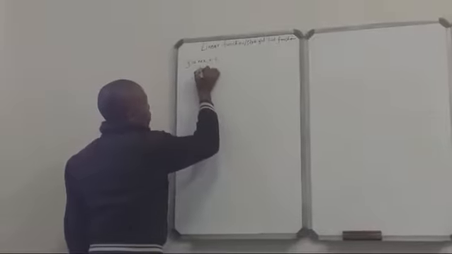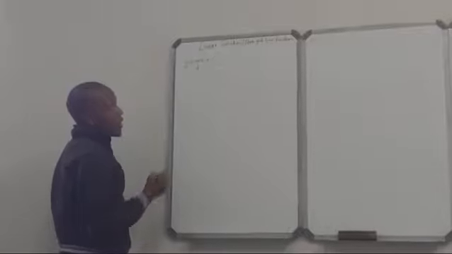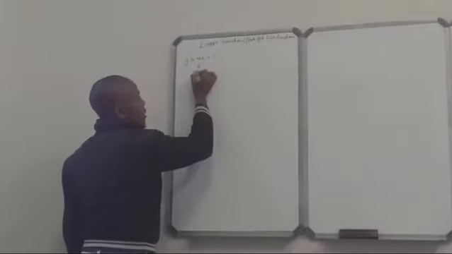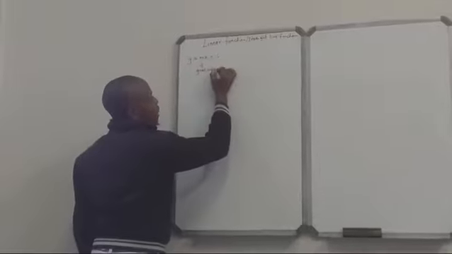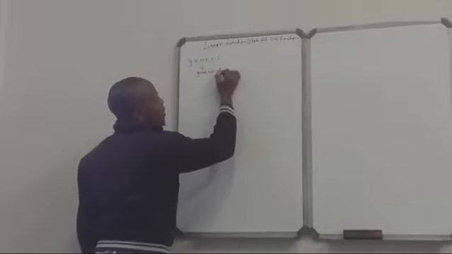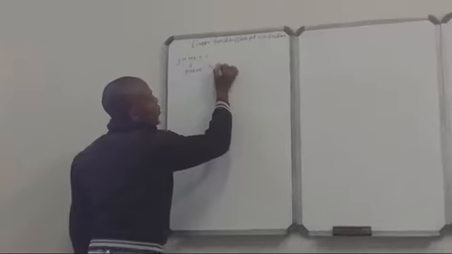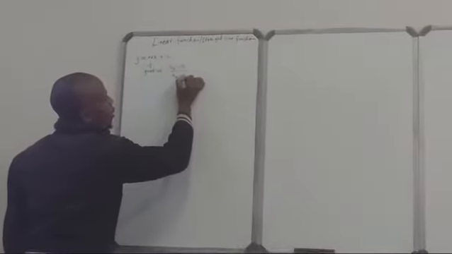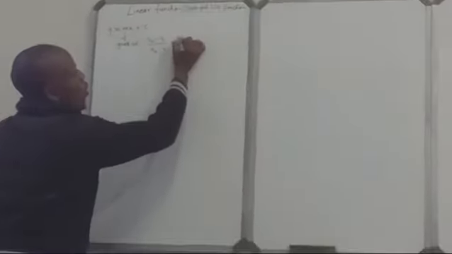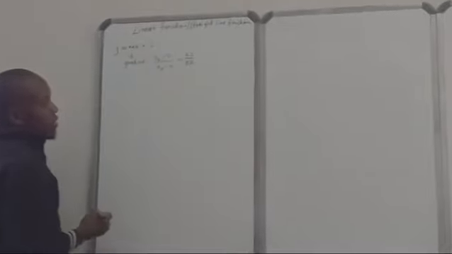What is m in our equation? m is the gradient of the graph. And remember, the gradient we define as y2 minus y1 over x2 minus x1, or change in y over change in x.